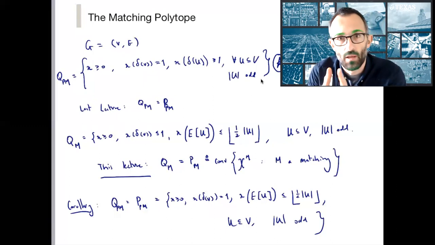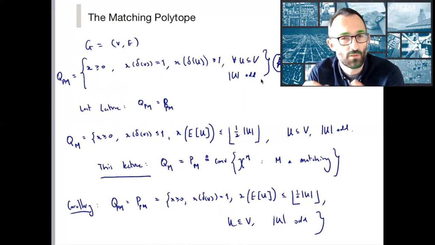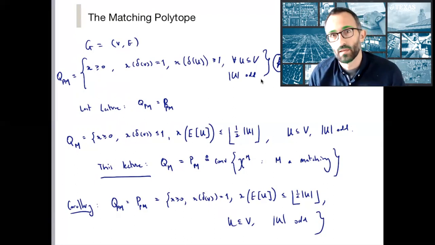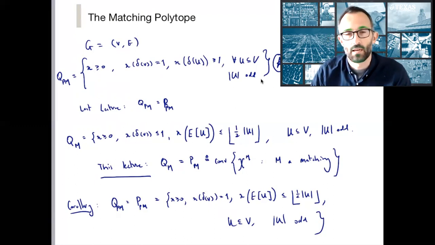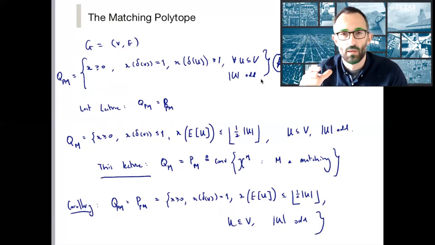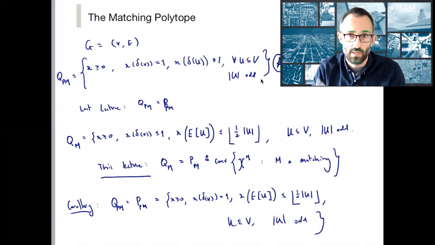But now it's important to note that in the tilde polytope, we have a different definition of delta, right? Because we're now looking at cuts in the larger graph. So I'm going to be using delta tilde and delta in order to make sure that we're not confused. If I write delta of v, that just means the cut in the original graph G, all the edges that are incident to v.